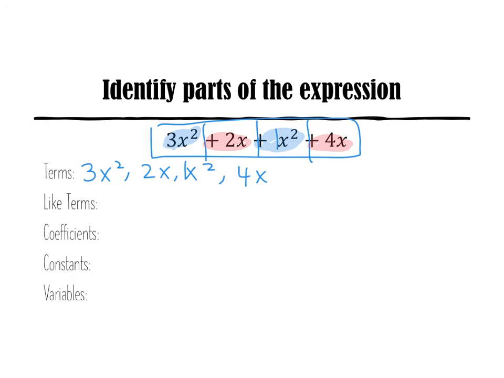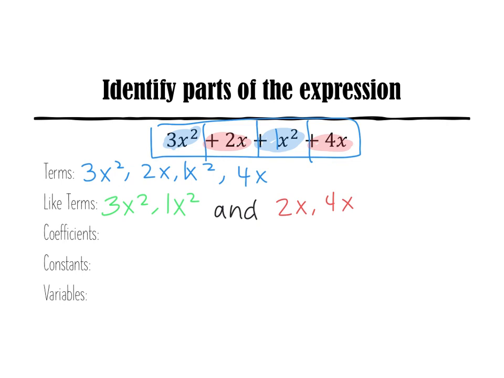So have to make sure that it's raised to the same exponent when you're writing like terms. So my pairs are 3x squared and 1x squared. That's one set. And then separately we have 2x and 4x.